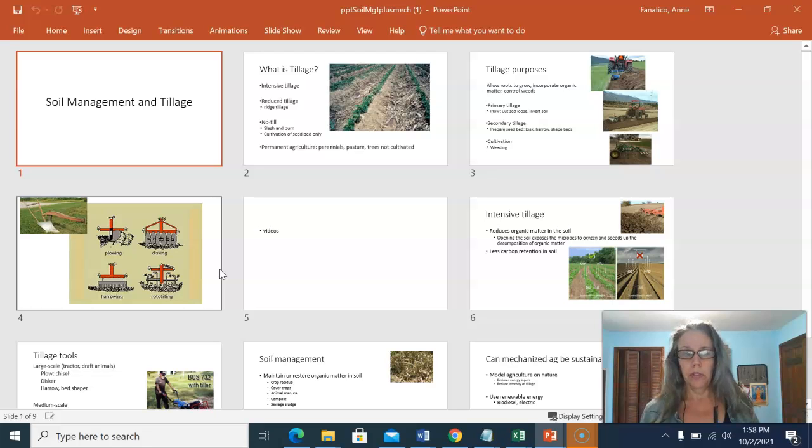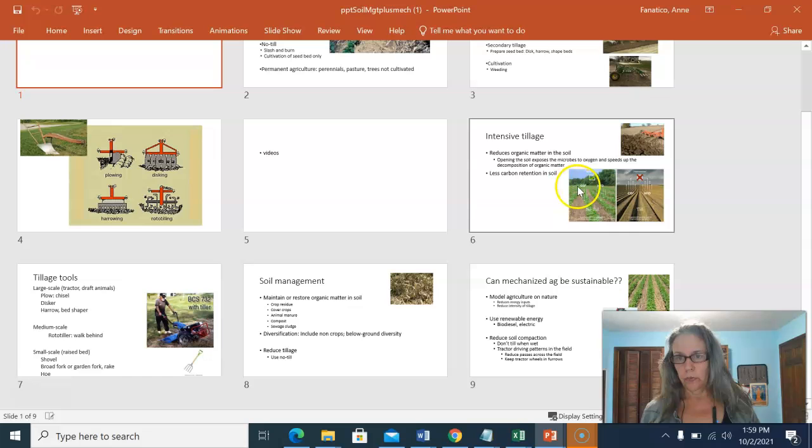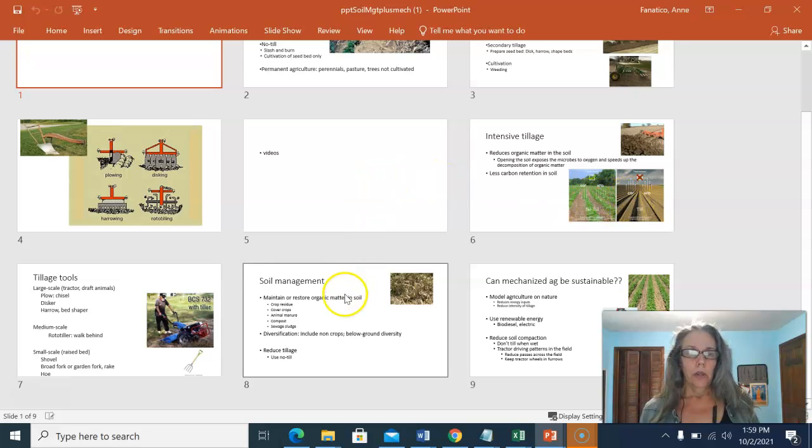So we saw a pretty good example of that. Understand the purpose of tillage is. Understand that permanent agriculture, perennials, trees, pasture, means you don't have to till, and so that means you can keep more of the carbon in the soil. So we look at images like these with the soil covered instead of looking at bare soil.